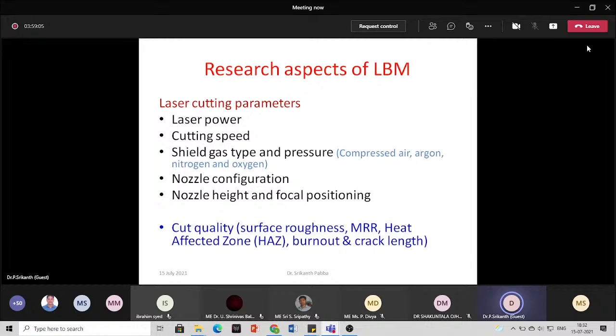They studied the impact of these elements on the surface roughness, metal removal rate, heat affected zone, and the burnout and crack lengths. Most of the literature worked on this. You can work on these areas, but the biggest challenge for most researchers could be the availability of these machines.